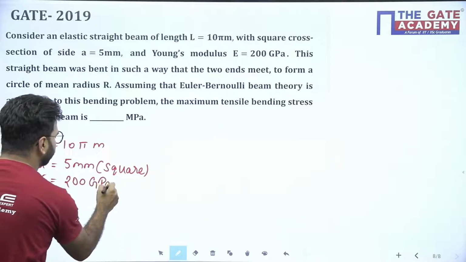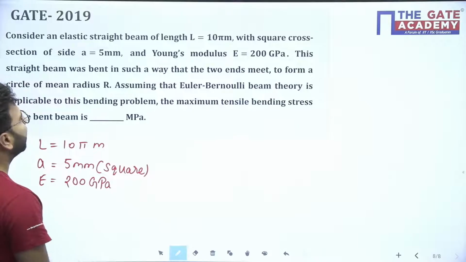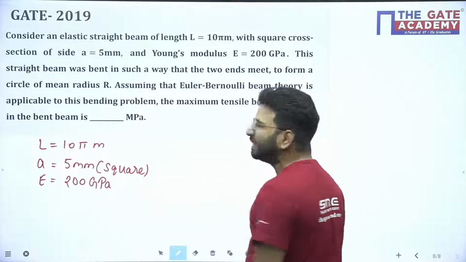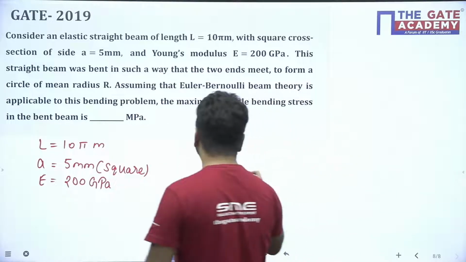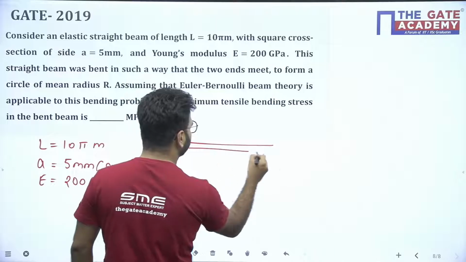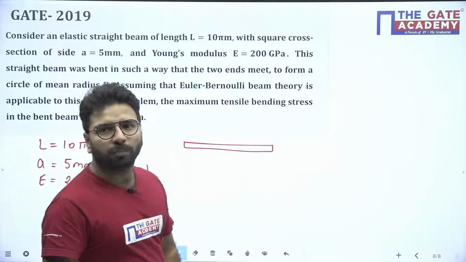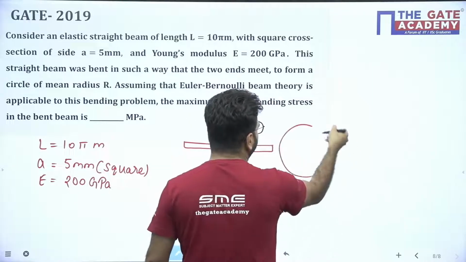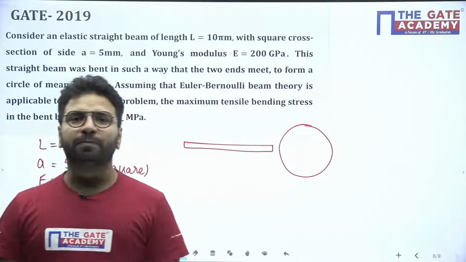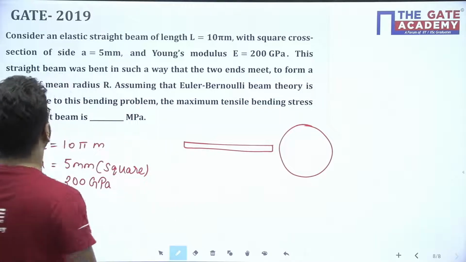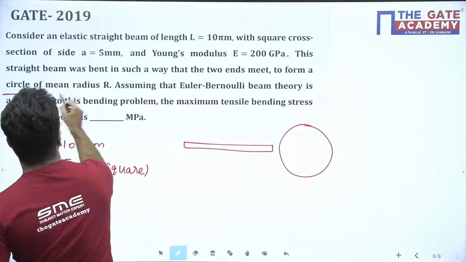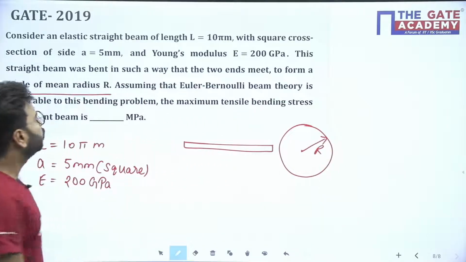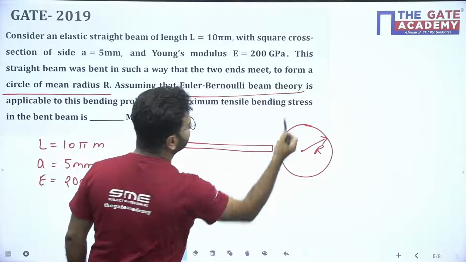This straight beam was bent in such a way that the two ends meet. After applying the bending moment the beam has become completely circular, to form a circle of mean radius R.